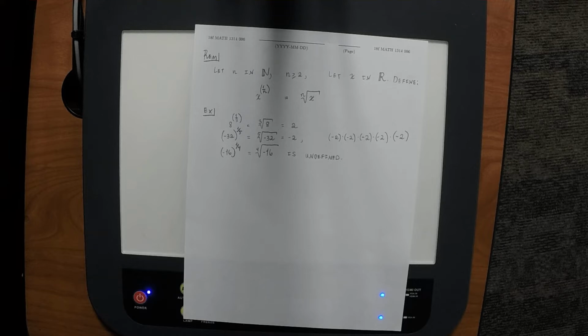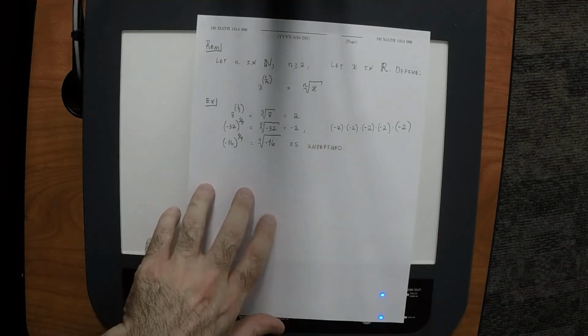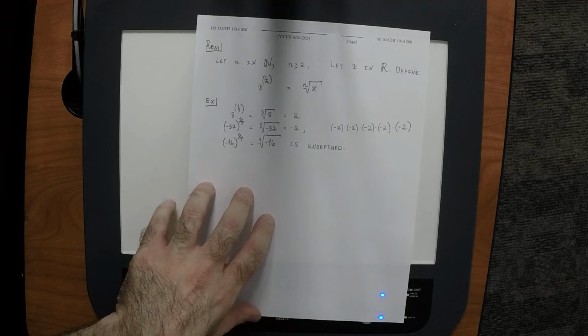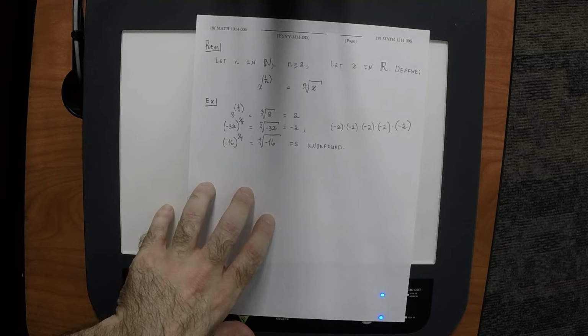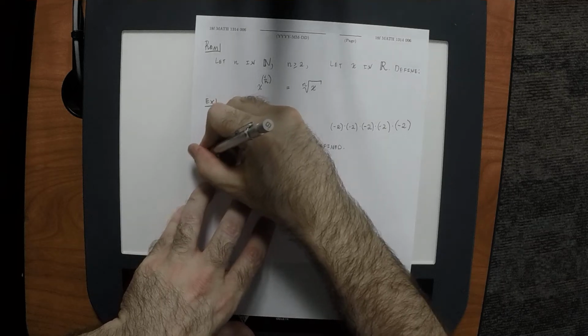Okay? So now, what we want to do is we want to be able to have any rational exponent. So what is a rational number again? Yeah, it's the p over q thing. So it's numbers of the form p over q, where p and q are integers, and q is not 0. Okay.